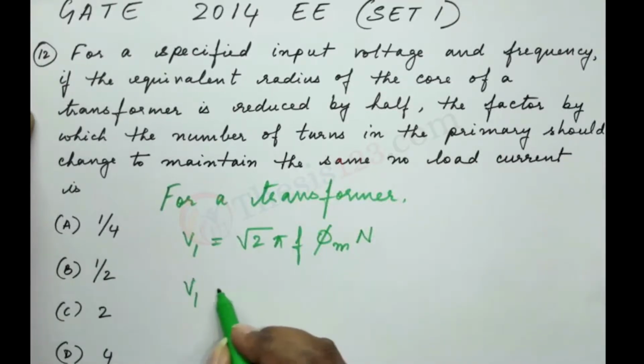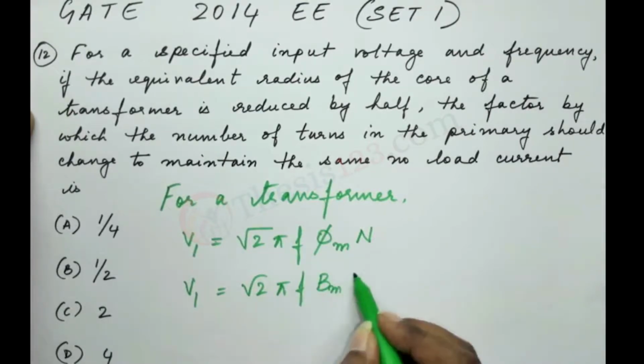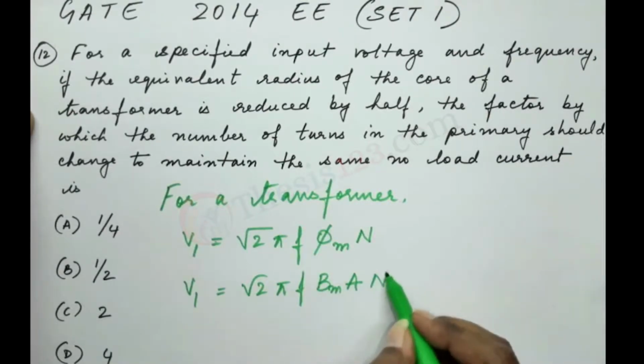So V1 can be written as root 2 pi F Bm times A times N.